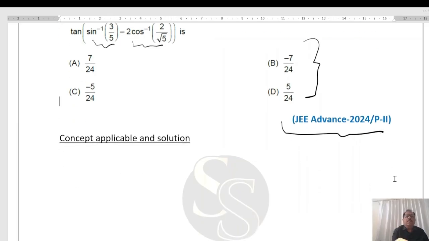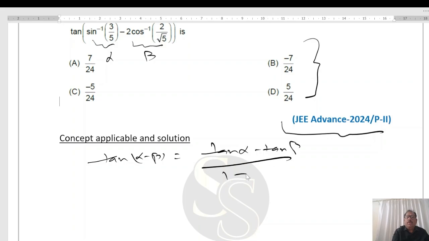Say this is alpha, this is beta. So we have to find the value of tan of alpha minus beta. That is tan alpha minus tan beta upon 1 plus tan alpha into tan beta.